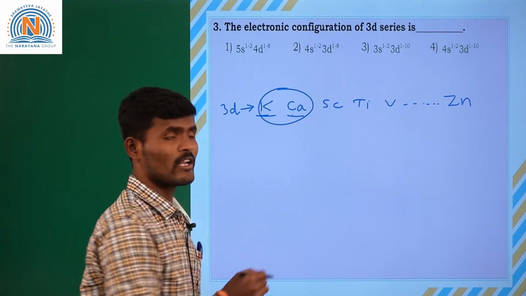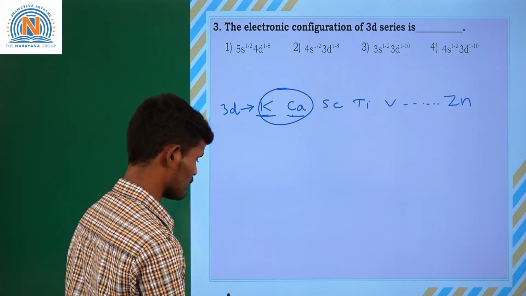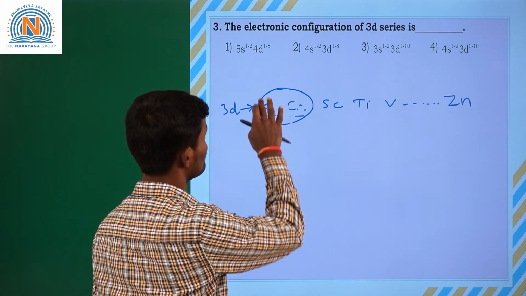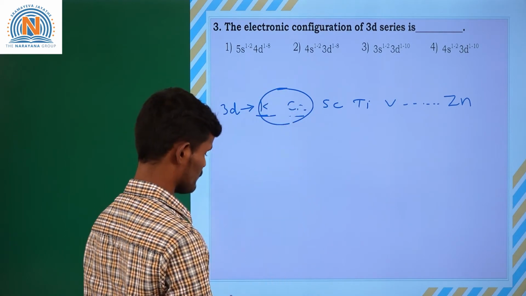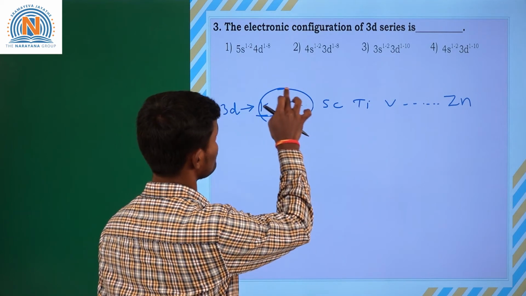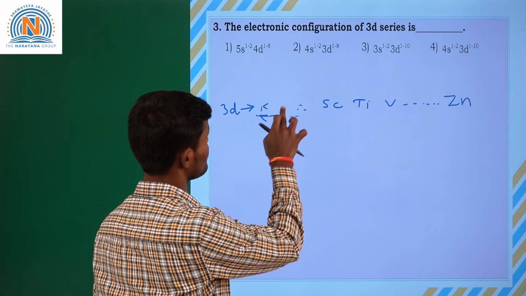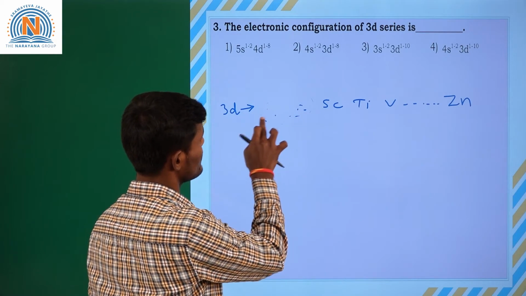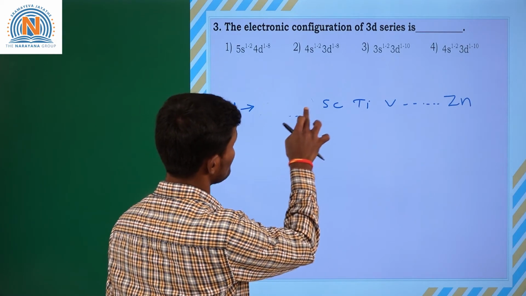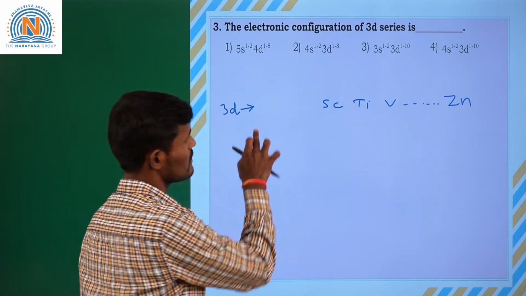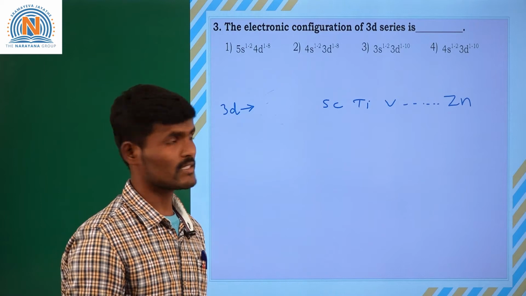So these two elements we should not take. The 3d series elements are scandium, titanium, vanadium, chromium, manganese, iron, cobalt, nickel, copper, zinc.